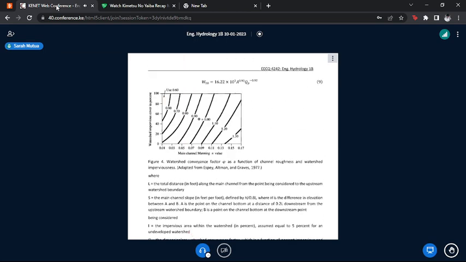And in these particular expressions, the phi can be determined from this kind of graph. It is a function of channel roughness and water, 0 to 100%. So you can estimate your values of phi.